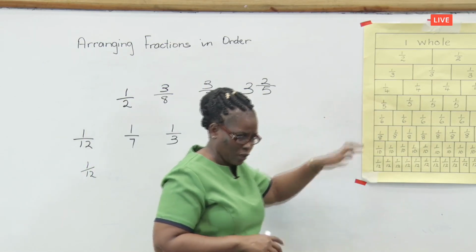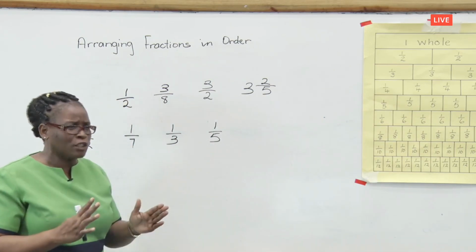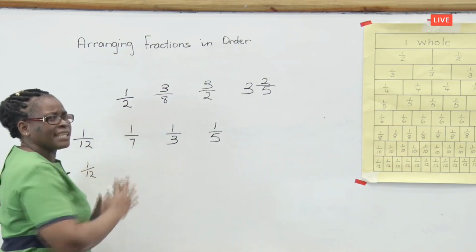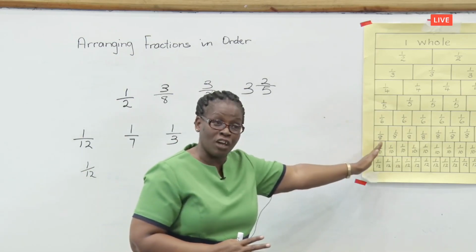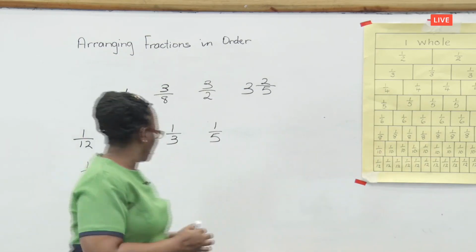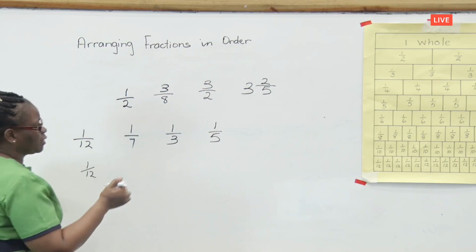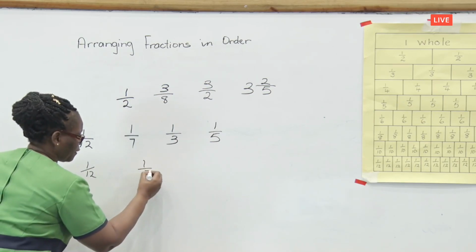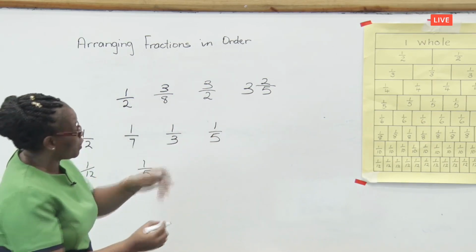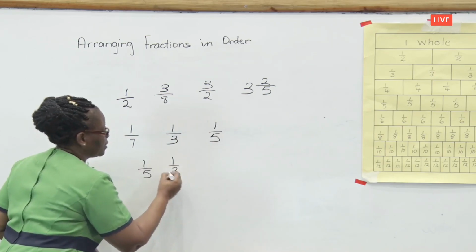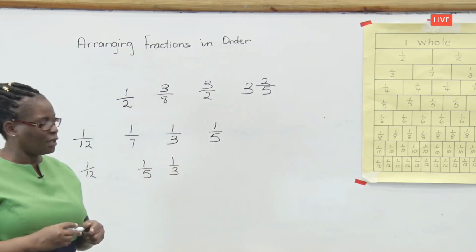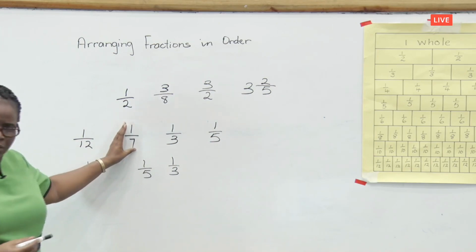Right, 1/3 is bigger, so we know 1/5 is smaller. We're just going to use some reasoning so we can see where to put 1/7, because it is not on our chart, but we can reason it out. So we have 1/12, now we have 1/5, and we already discovered that 1/3 is the biggest piece.